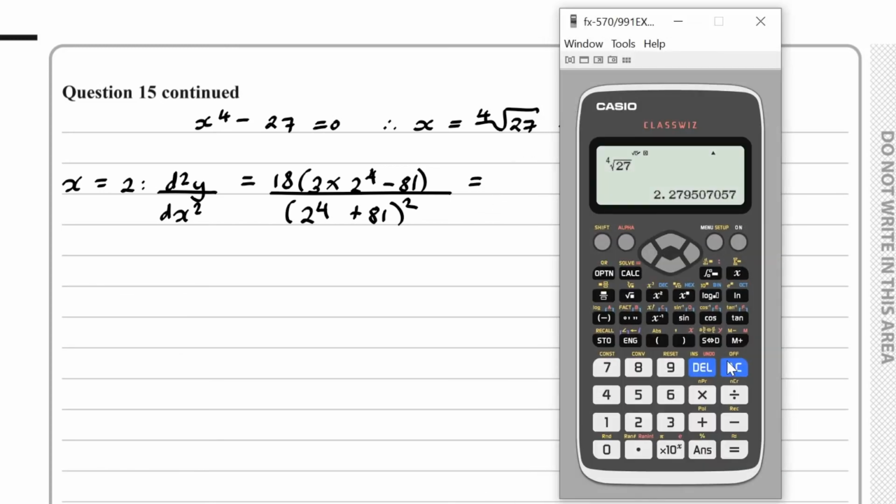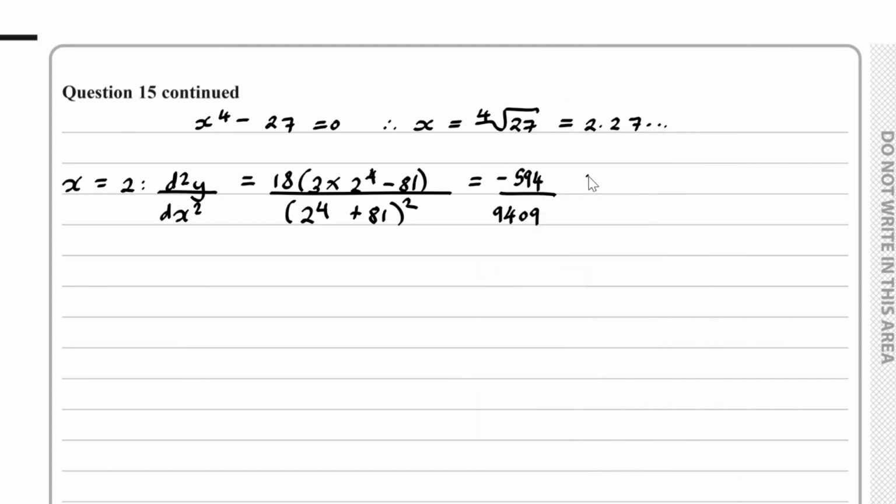If we work this out, we have 18 lots of 3 times 2 to the power of 4 minus 81 over 2 to the power of 4 plus 81 squared, which is minus 594 over 9409. And what you see over here is that this value is less than 0. So therefore we have something which is concave.